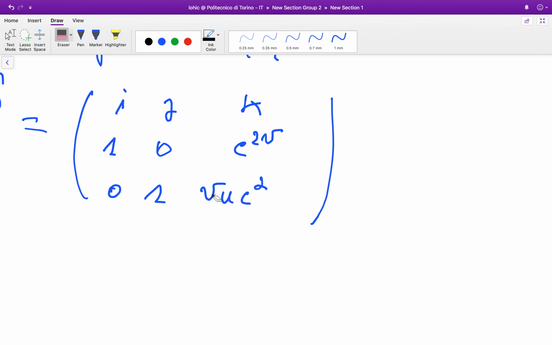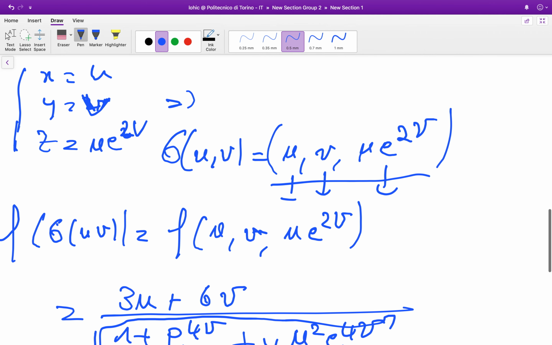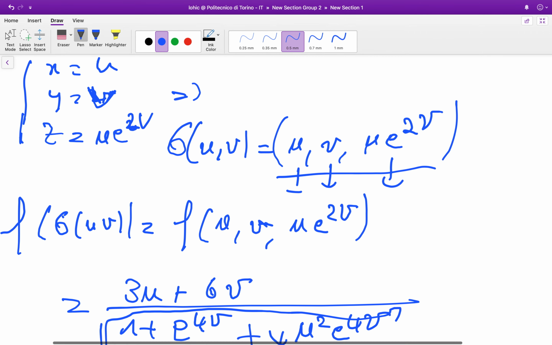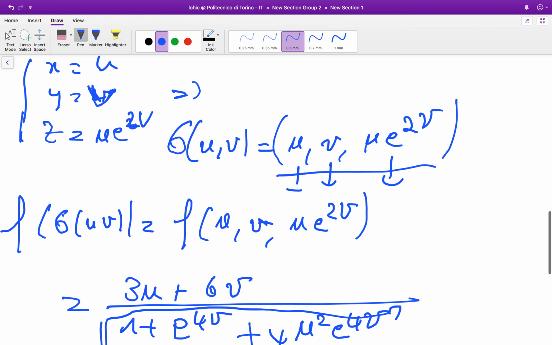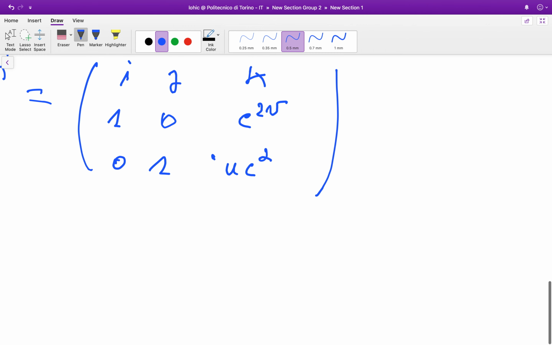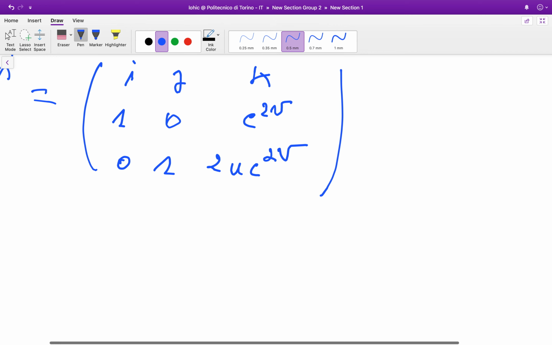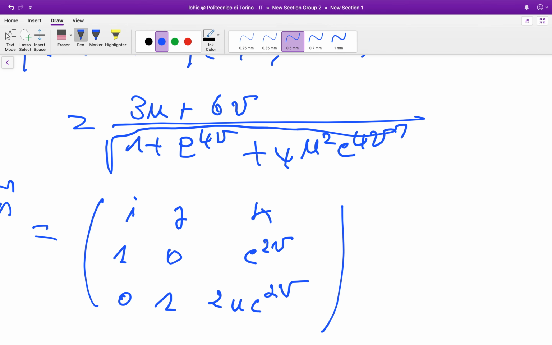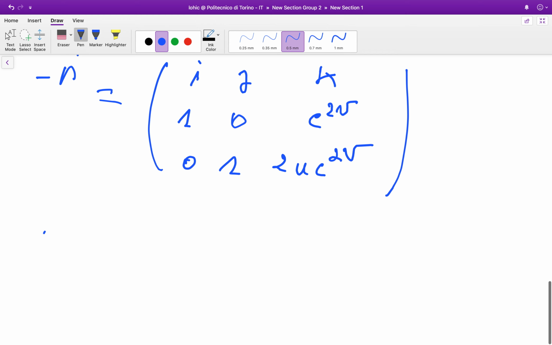Please, guys, if I make a mistake, you stop me. The derivative of this with respect to v will be 2u exponential of 2v, right? 2u exponential of 2v.